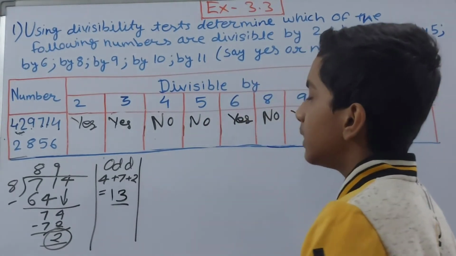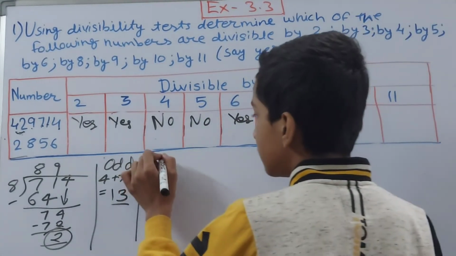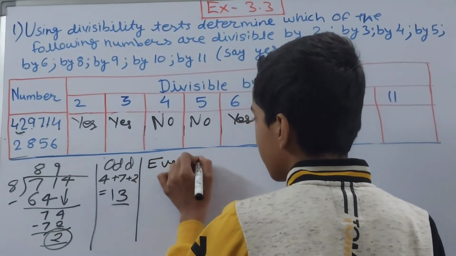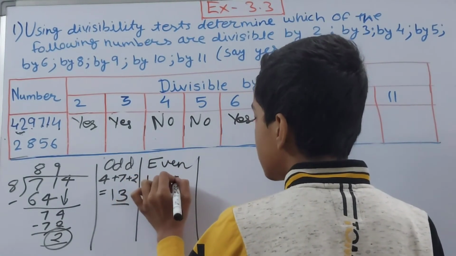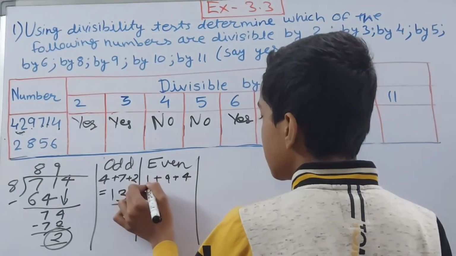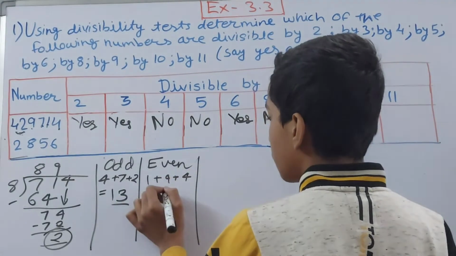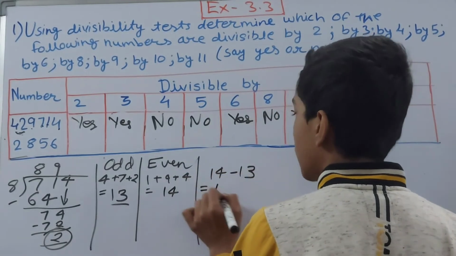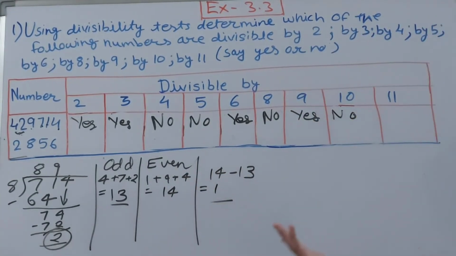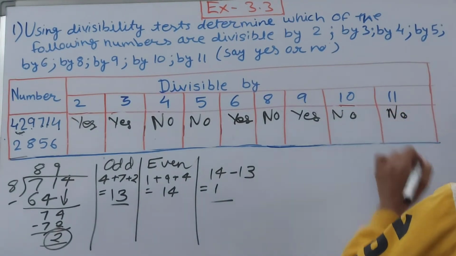And then in the even places we have 1 plus 9 plus 4, 1 plus 9, 10 plus 4, 14. 14 minus 13 is going to be 1. So this is not a multiple of 11 or even 0. That means it is not divisible by 11.